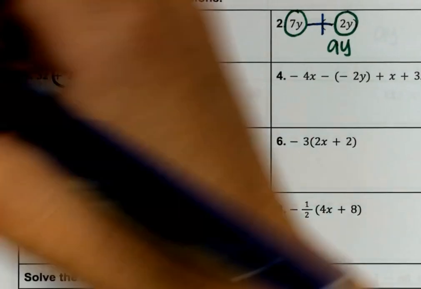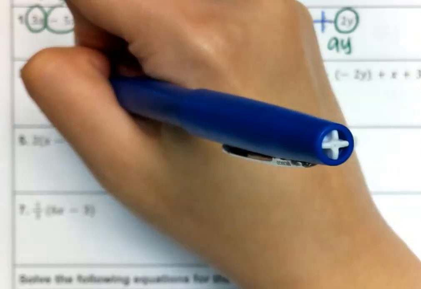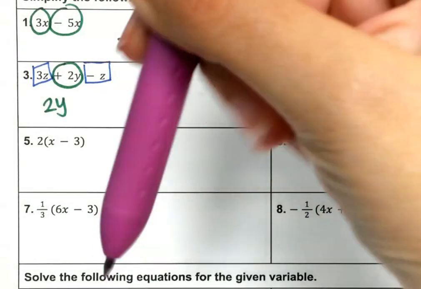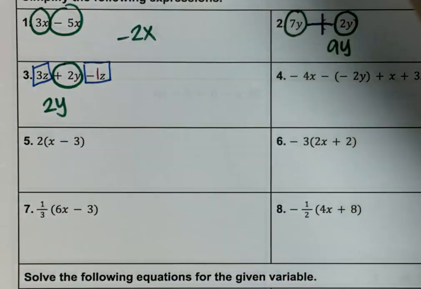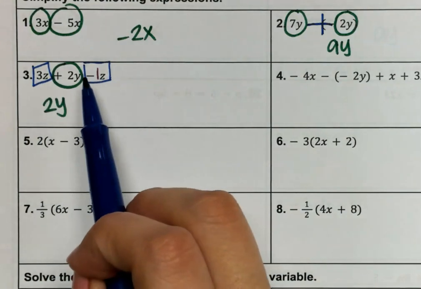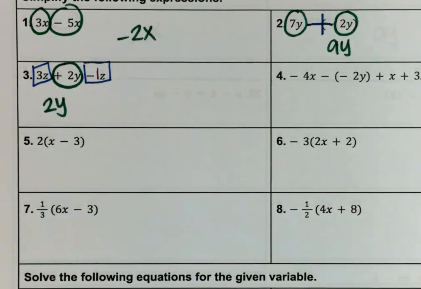Now I can look at the z's. So I'm going to square my 3z and square my negative z. Keep in mind, anytime you see a variable by itself, it has an implied 1. So this problem reads for my z's 3z minus 1z. These both can combine because they both have the same variable. I know 3 minus 1 is 2.